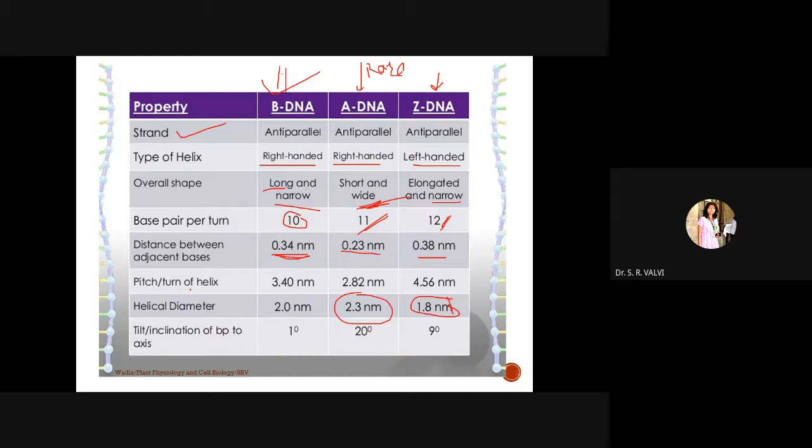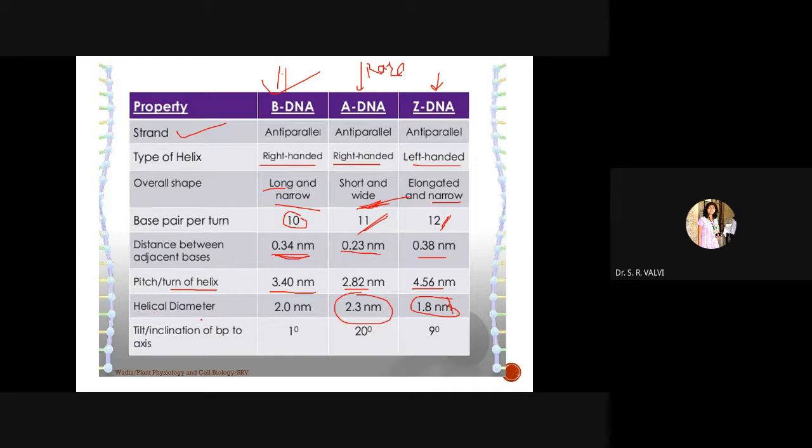Then length of helix per turn: 3.4 nanometer, then in case of A it is 2.8, very short, and 4.56. See how lengthy this one is. So ZDNA turn is longer than the rest of these two, B and A, right?